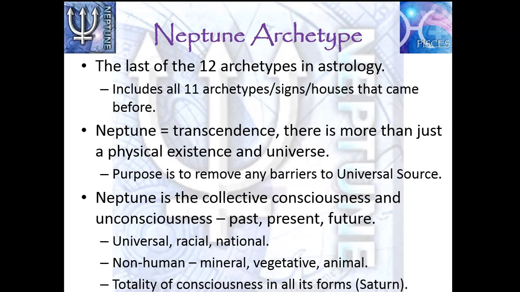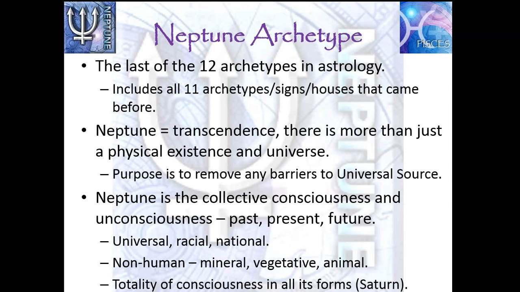You can see then how that is becoming the totality of consciousness, the totality of the unconscious, source energy itself. So Neptune then becomes that transcendence. There's more to life than just a physical universe, than just a physical existence.